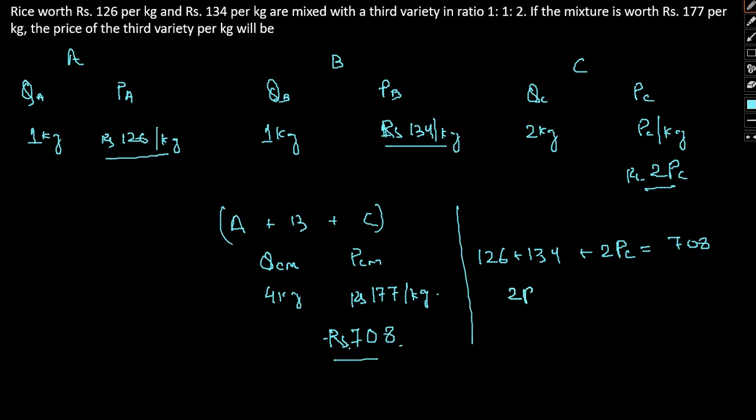Therefore 2 PC will be equal to 448, so PC will be equal to 224. Therefore the price of the third variety will simply be 224 per kg.